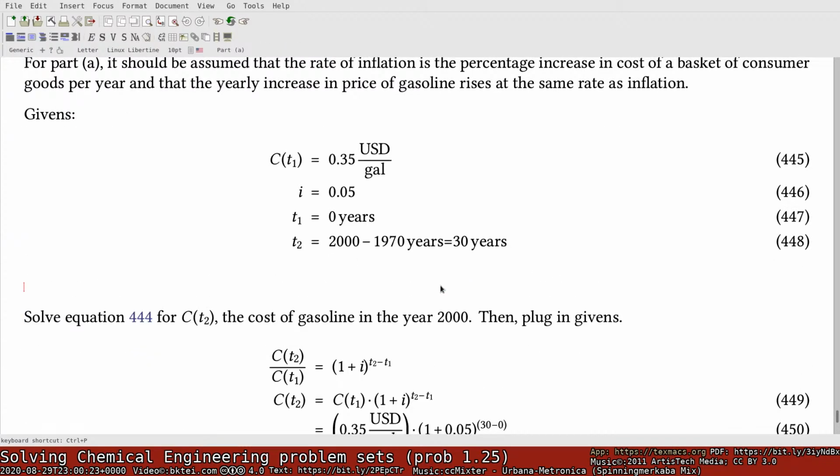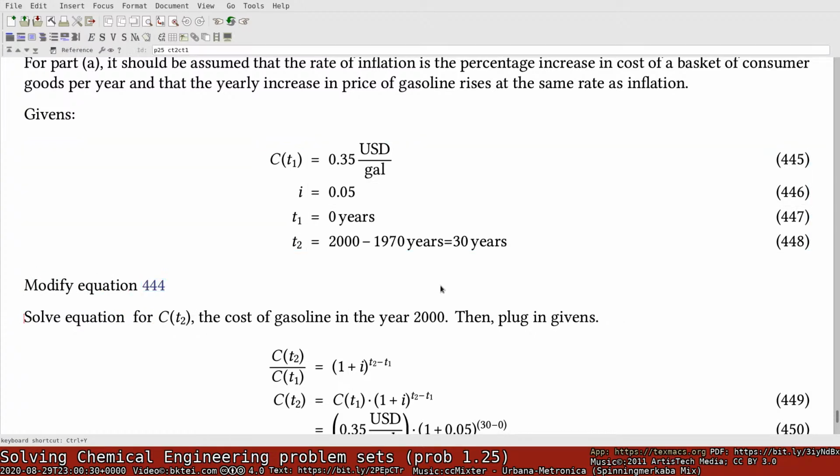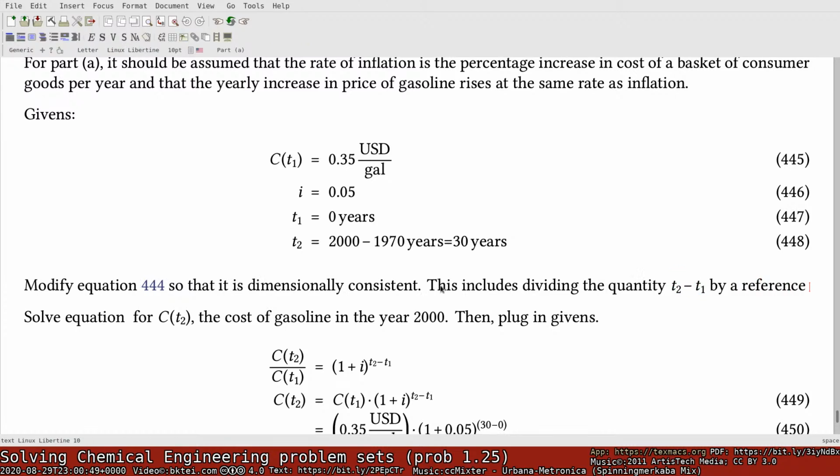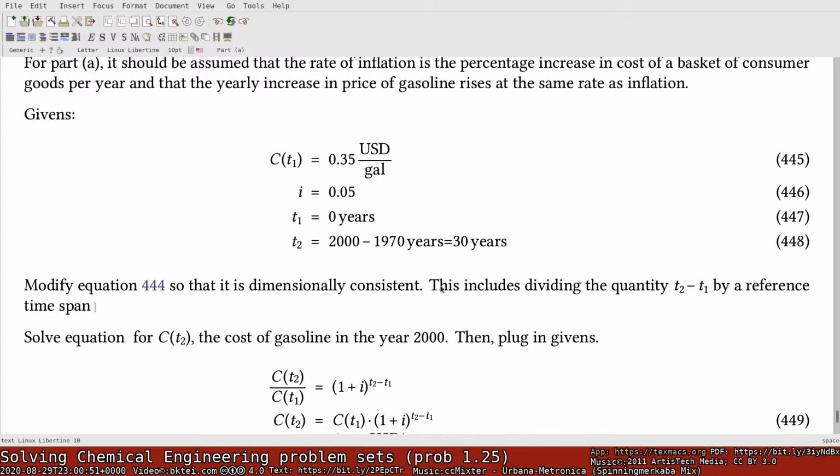First, let's modify the equation so that it is dimensionally consistent. This includes dividing the quantity T2 minus T1 by a reference time span.